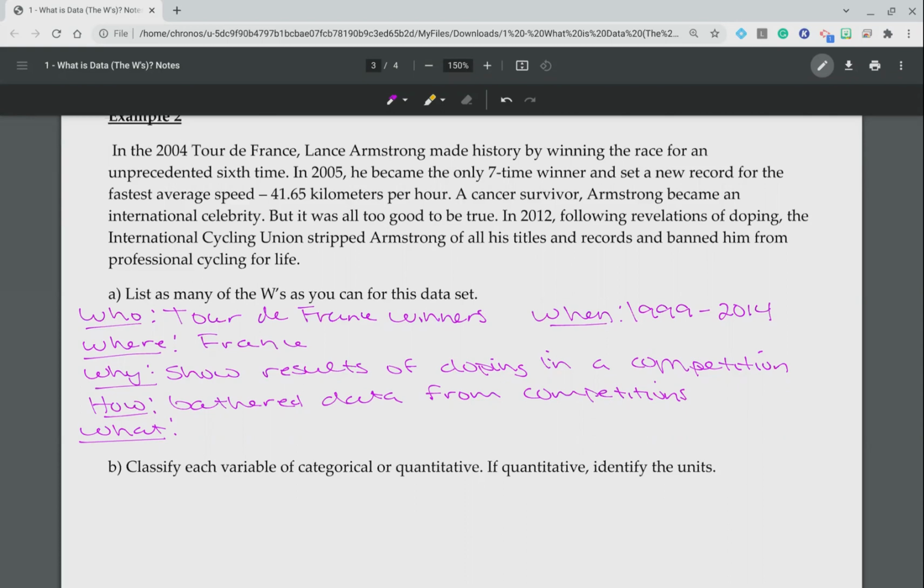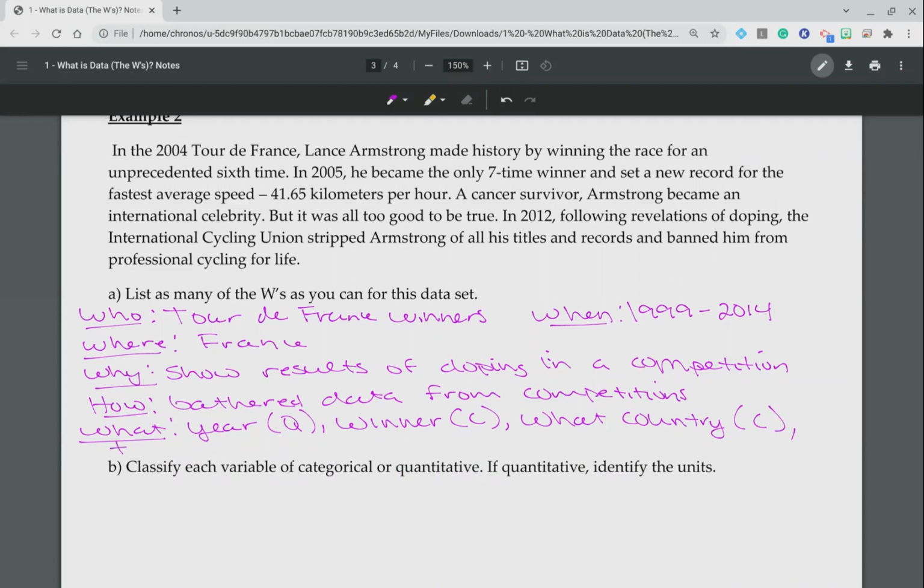So we are looking first at the years, right? And that is going to be quantitative data. Okay, we're looking at winners, which is categorical data. We're looking at what country they're from, which is also categorical.